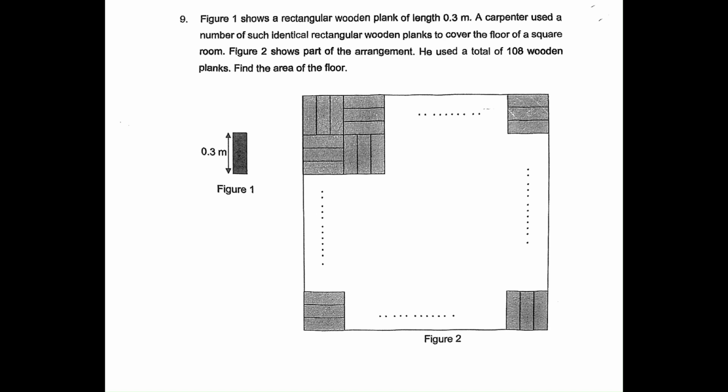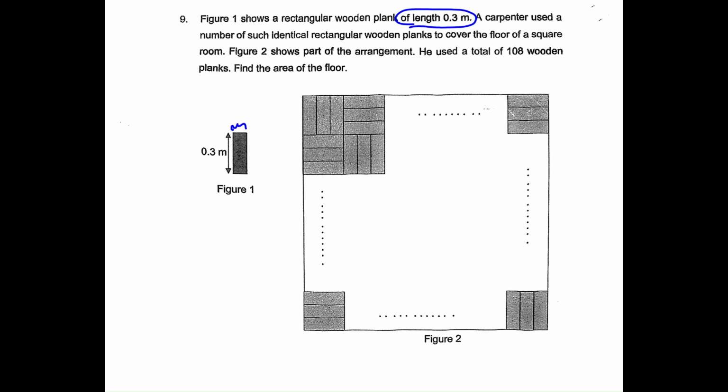Alright, for question 9. Figure 1 shows a rectangular wooden plank of length 0.3 meter. A carpenter used a number of such identical rectangular wooden planks to cover the floor of a square room. So the wooden plank has a length of 0.3 meter, and we need to know what is the breadth. Figure 2 shows part of the arrangement.